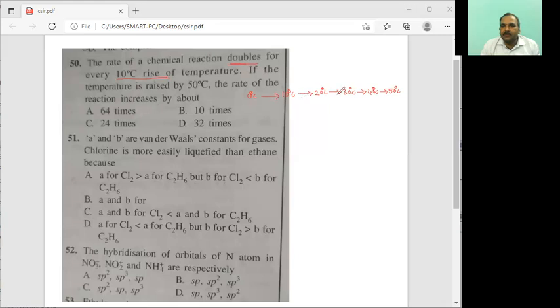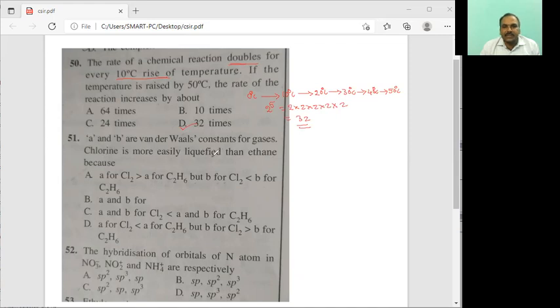Here, 5 times the temperature is increased. That is 2 power 5, 2 into 2 into 2 into 2 into 2. So you are getting 32 times the rate increase. Fourth one is correct.